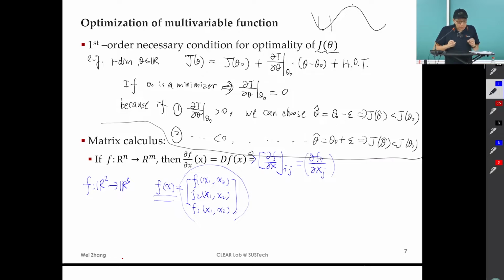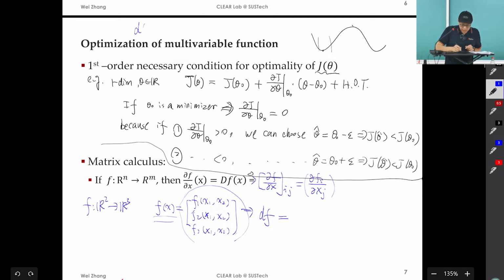So an infinitesimal perturbation of x will cause f to change, but both are in the vector space, right? So now I'm going to ask you, what is df? df is the infinitesimal change in f in R3. In the scalar case, df is what? f prime dx.